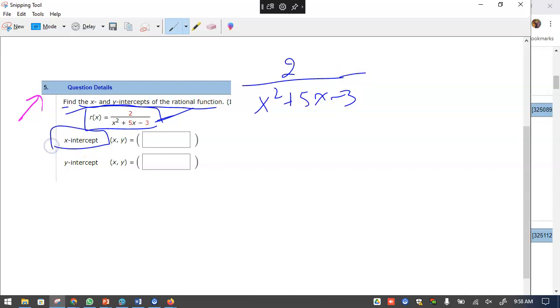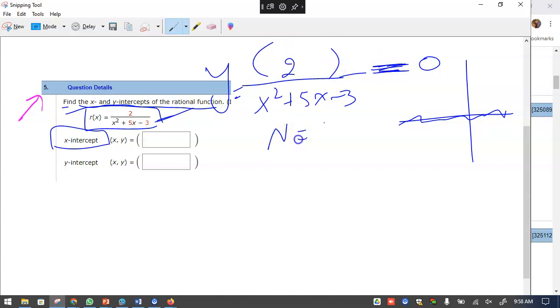How do we figure out the x-intercept? Suppose I write y, you need to know when this whole thing becomes equal to 0. It's like we want to know where the graph crosses the x-axis. The numerator itself is 2, and this 2 will never become 0. So here we see it does not exist. The graph never crosses the x-axis.